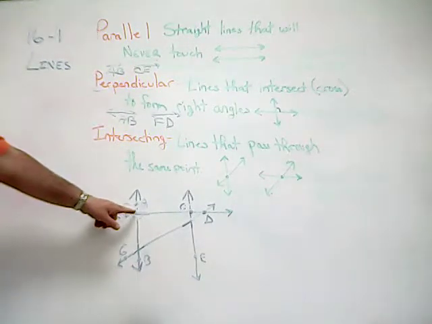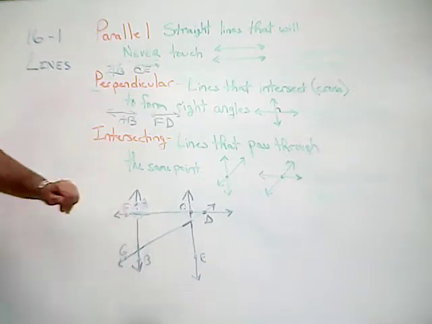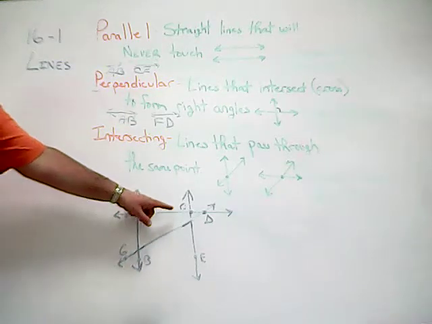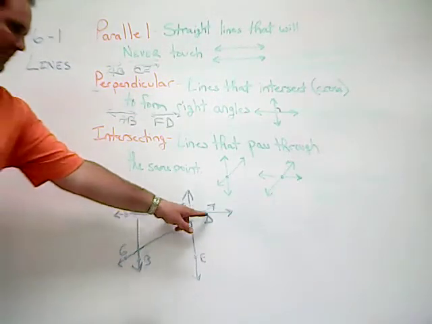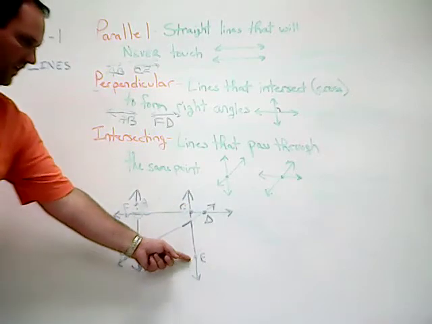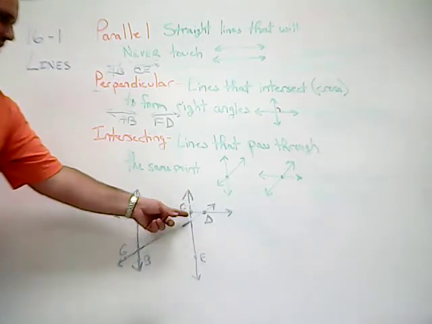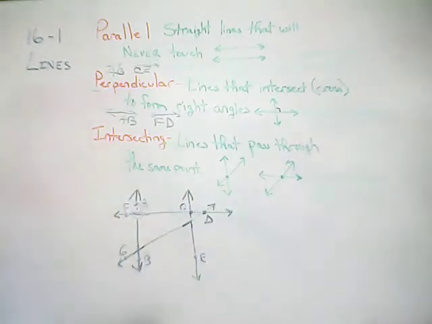Right here is where they cross over and they make a right angle. I also have an example here with FD and CE. They're going to cross here to form a right angle also, so they're also perpendicular lines.